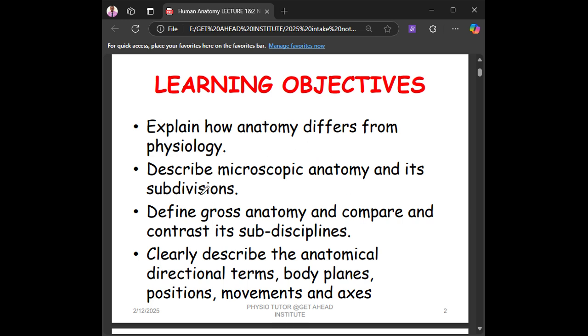Apart from that, you should be able to describe the microscopic anatomy and its subdivisions. Fourth, you should be able to define what gross anatomy is all about and also compare and contrast its subdisciplines.